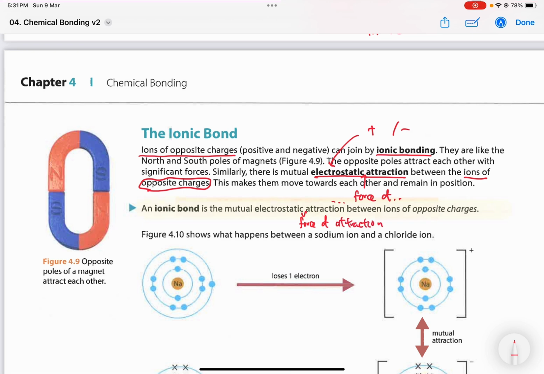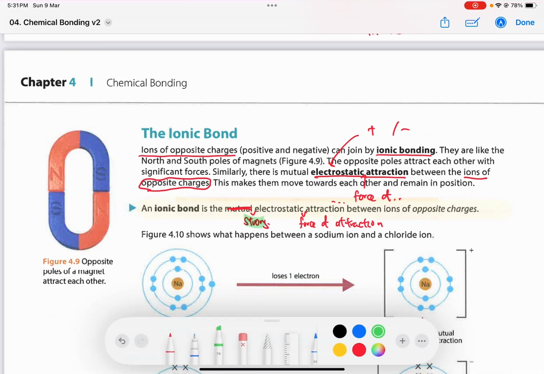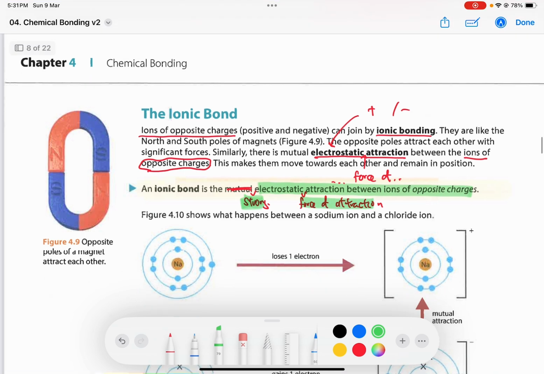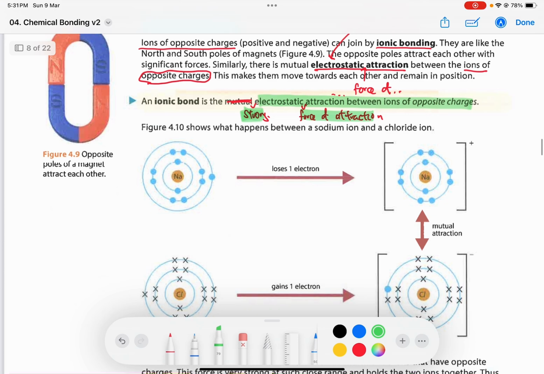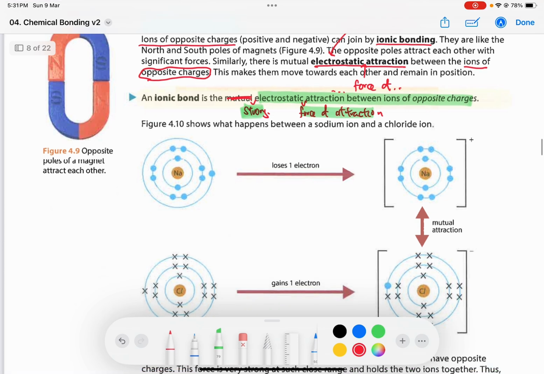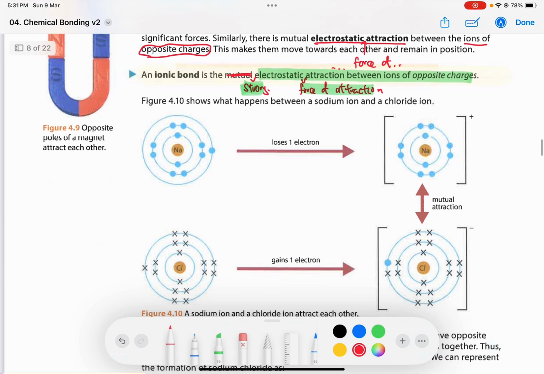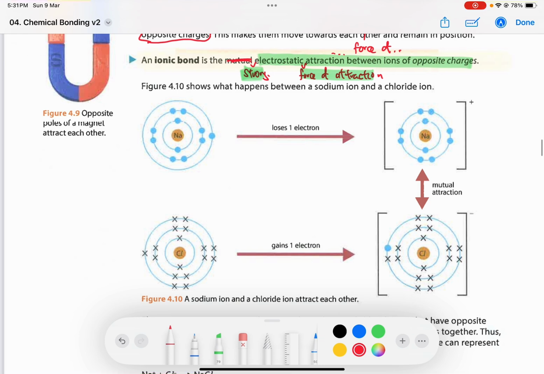If you ask me, I'll add in another word here, strong. I'll cancel the word mutual. So ionic bond is a strong electrostatic force of attraction between ions of opposite charge. And I want you to just highlight this whole thing here, because this is a common phrase that you need to note. You need to write quite a fair bit. So how do you form the ionic bonds? It is when you form a positive ion, so formation of cation.